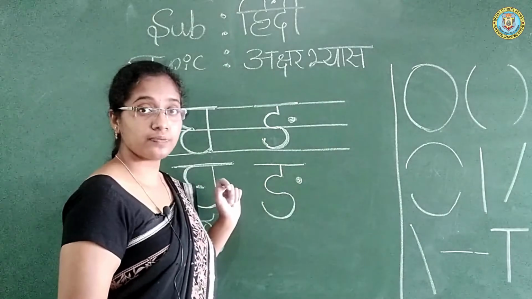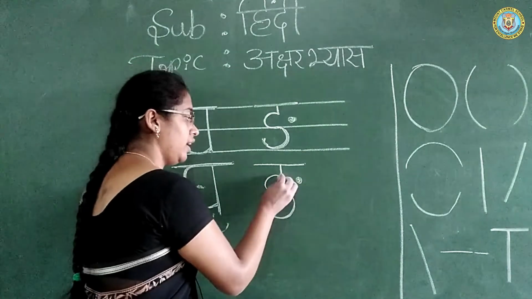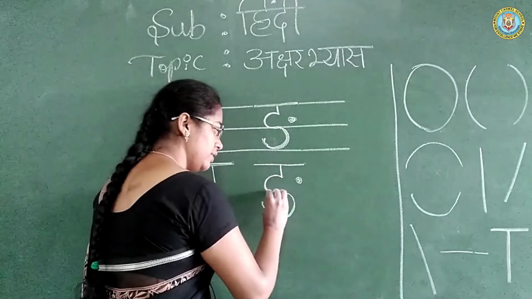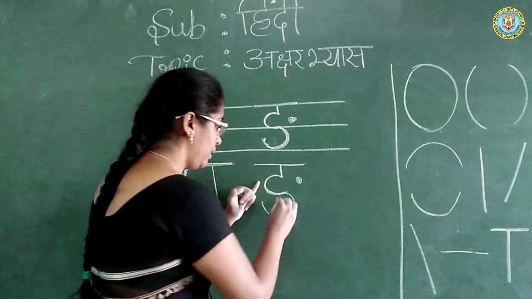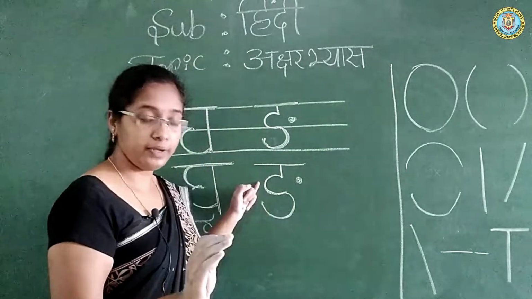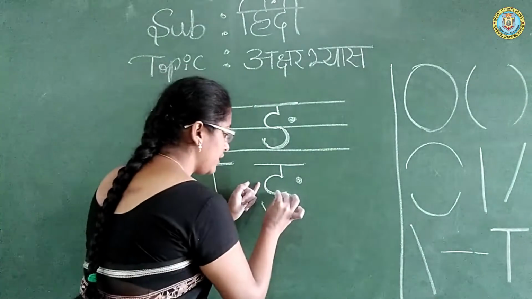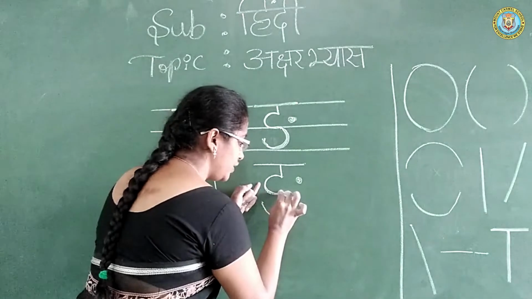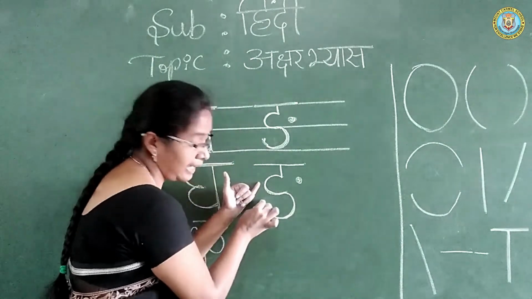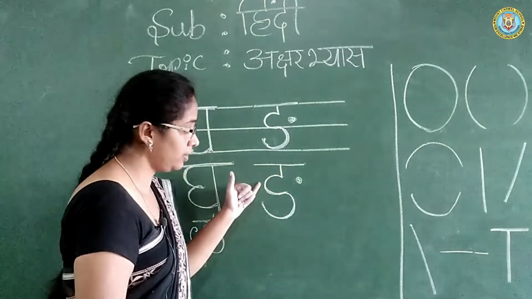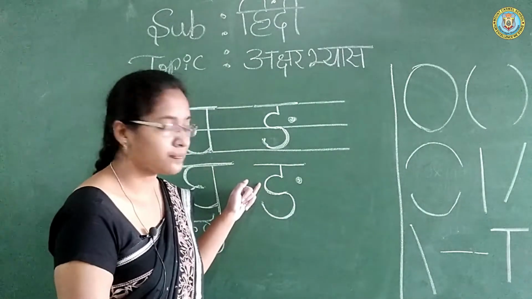Standing stroke again, and left curve, and the right curve should be bigger. Okay, and join this and write like this. Or you can write S also.